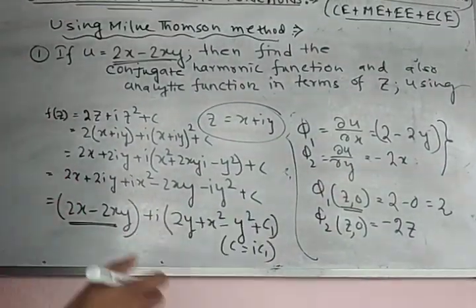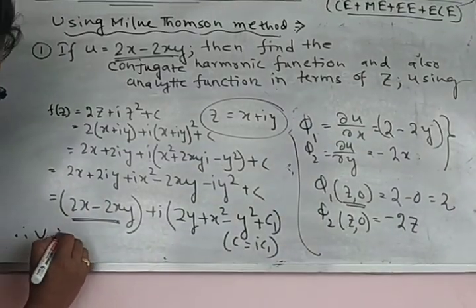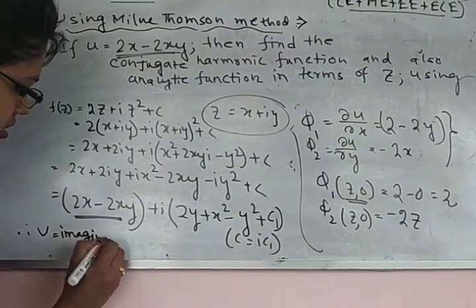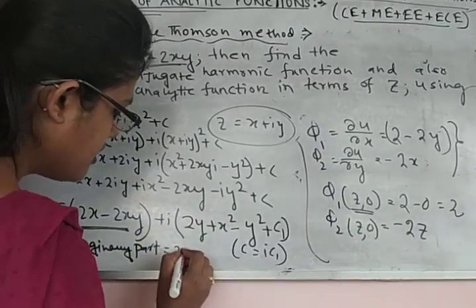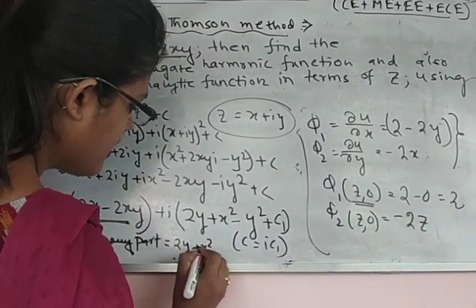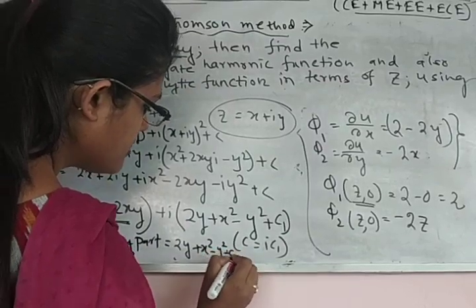So our imaginary part v equals 2y plus x squared minus y squared plus c1.